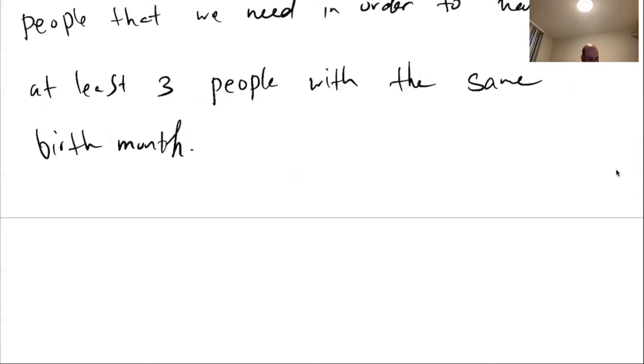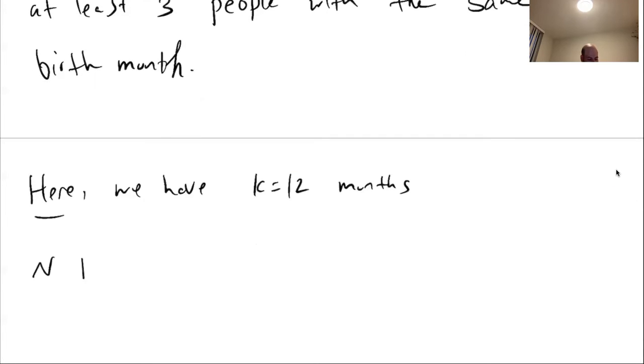So here, how many boxes do we have? Here we have k equals 12 months, and n people.